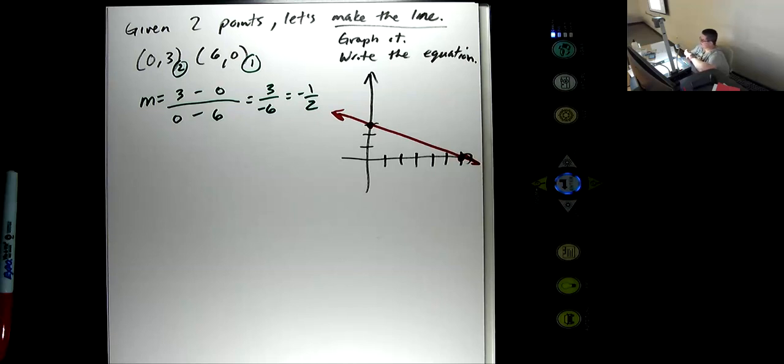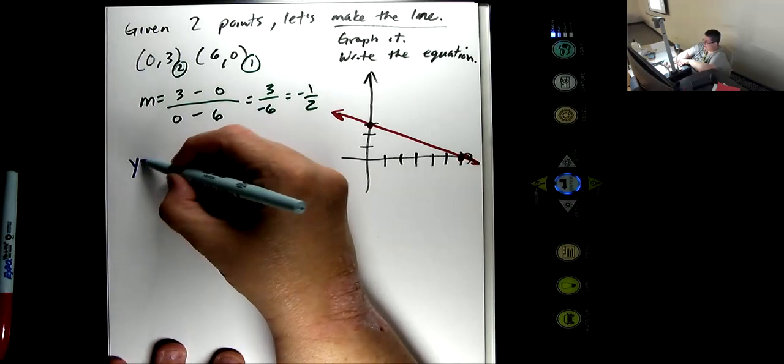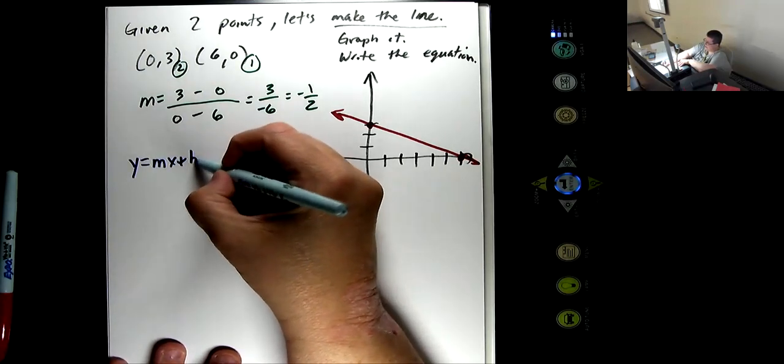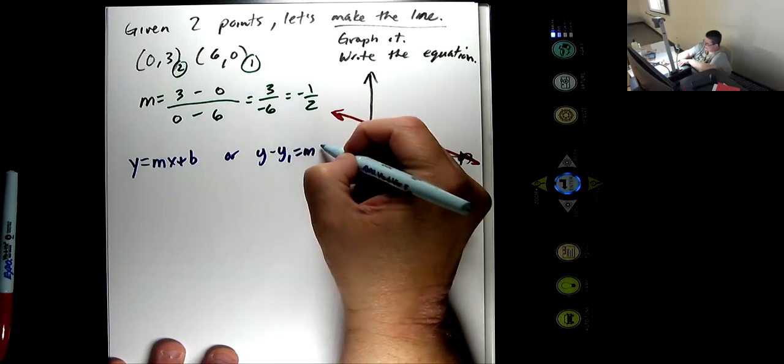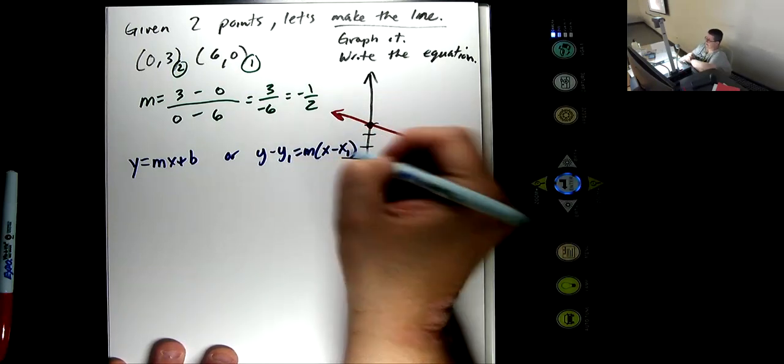Then you have a couple options to find the equation. You can use y equals mx plus b, or you can do y minus y1 equals m times x minus x1.